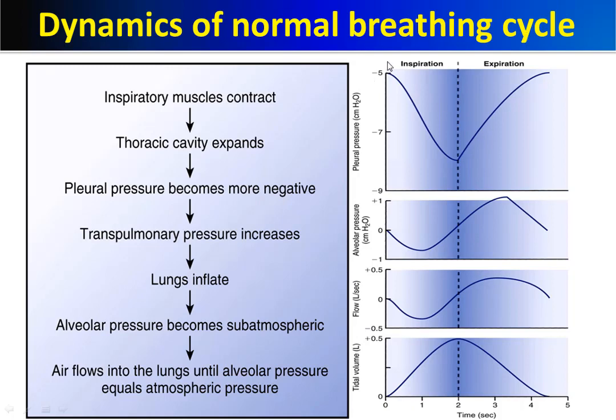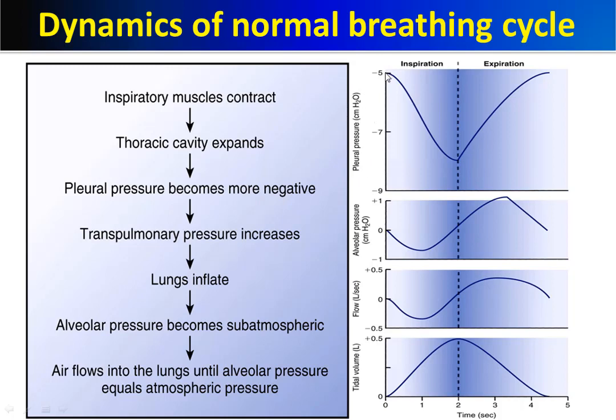So this is the initial position. This is the position at the end of normal resting eupneic expiration. On the x-axis we have the time, and on the y-axis we have different parameters. In this part of the figure we have the intrapleural pressure measured in centimeters of water.